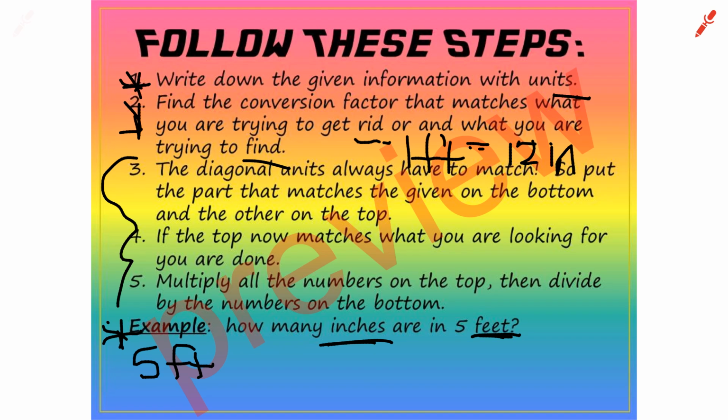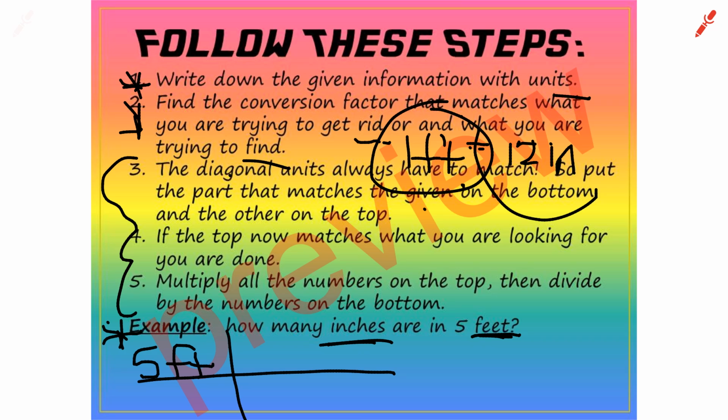So here's where we have new stuff. So number 3 says the diagonal units always have to match. So put the part that matches the given on the bottom and the other on the top. So we have 2 parts here, 1 foot and 12 inches. So the foot part of the conversion factor here has to go on the bottom because our diagonals have to match.